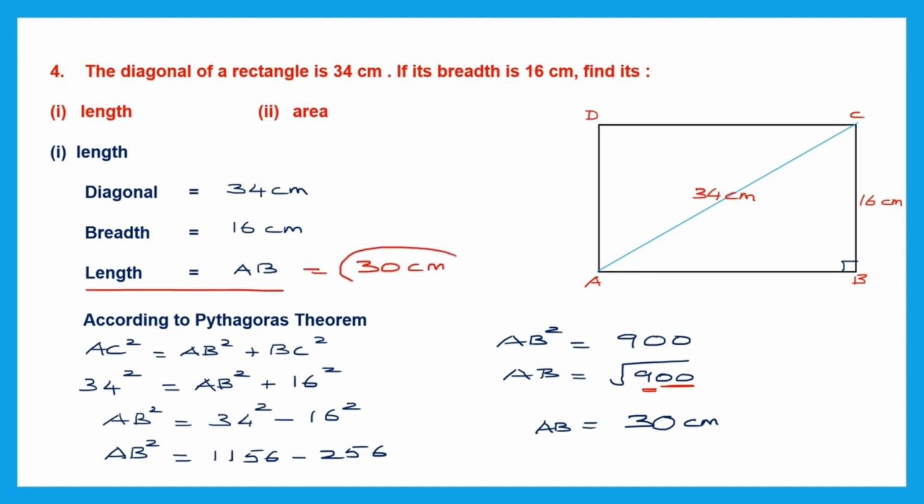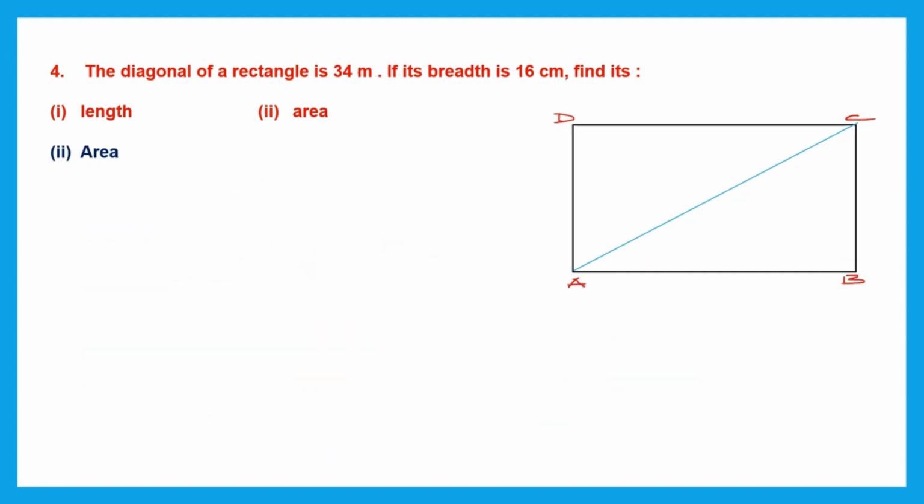So we have answered the first question. So now that we have the length and the breadth, we can find the area. So to find the area, the length we just found out to be 30 centimeters, and the breadth was already given to us in the question, it's 16 centimeters. Now the formula to find area is length into breadth.